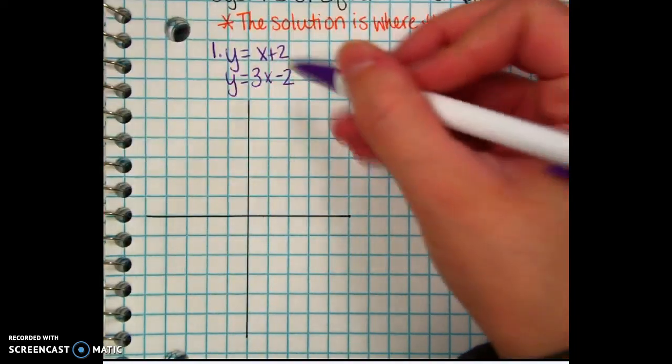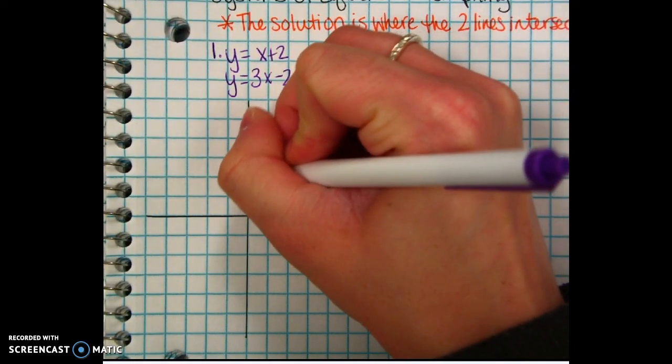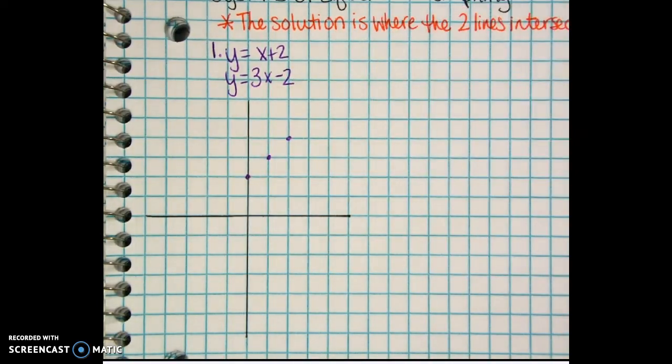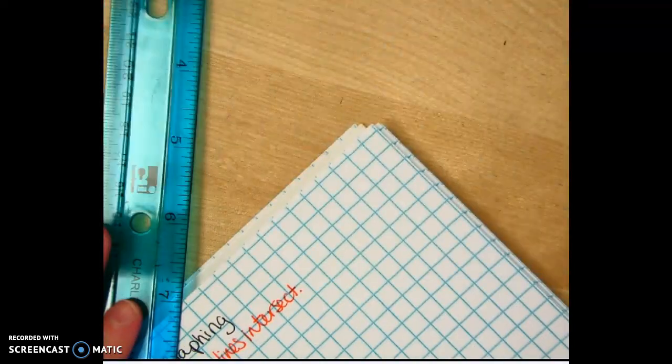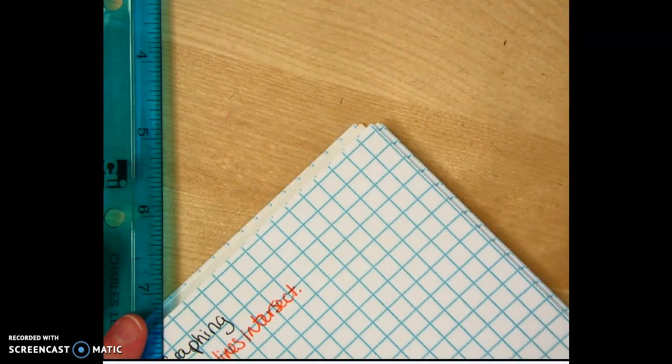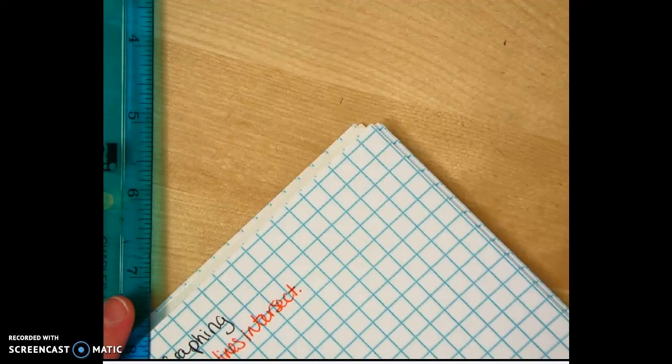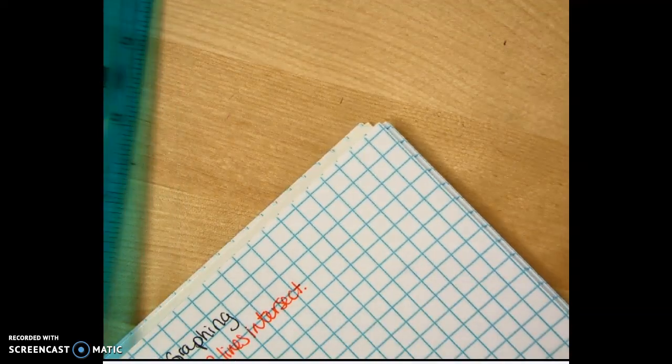So let's see, for the first one I start at 2, go up 1 over 1, up 1 over 1. I'm going to draw my line. And you want to be pretty accurate when you're drawing your lines because we are looking for an intersection point.